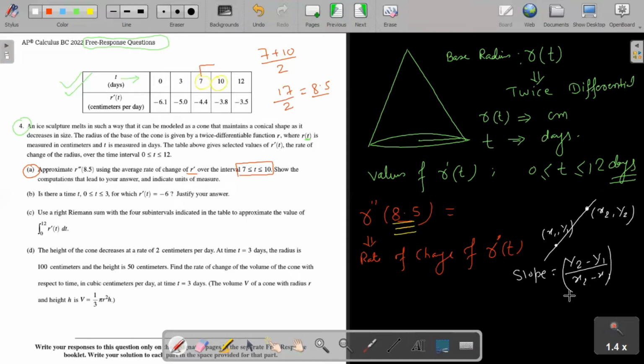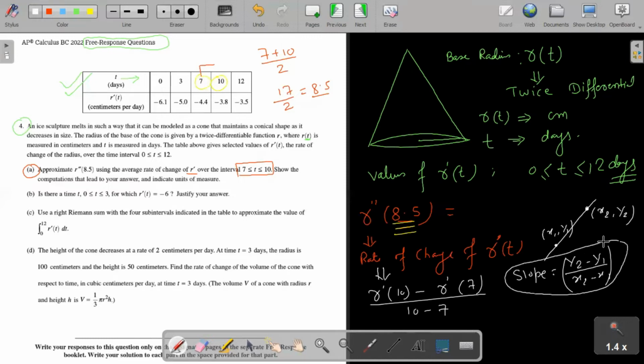Like this, we can find the slope or differentiation. So we have to find the rate of change of r dash t at 8.5, and we will do it like this: r dash 10 minus r dash 7 divided by 10 minus 7.